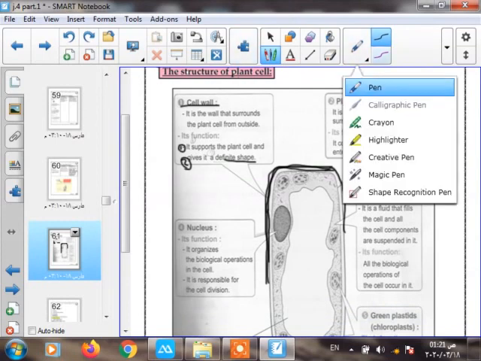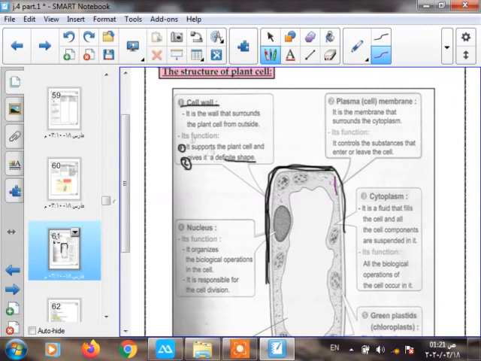And second, we have another surface, which is called the plasma membrane, or cell membrane. It's a membrane, a wall inside, that surrounds the cytoplasm.